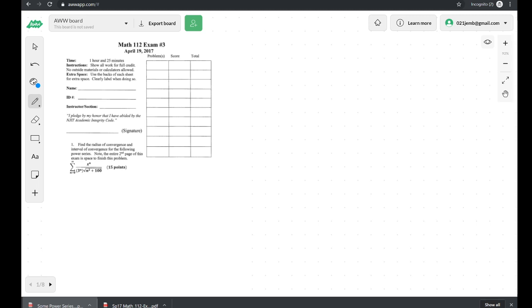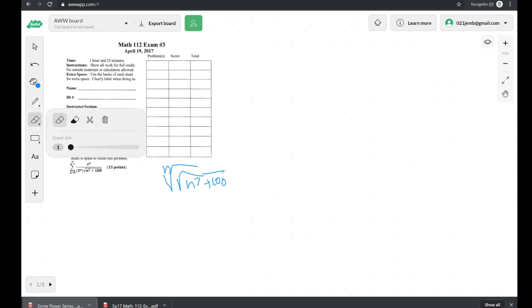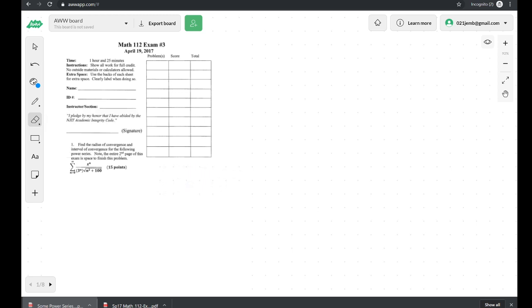In this case, I believe the ratio test is easier, just because you don't want to find the nth root of a radical. That's not nice. You want to avoid getting complicated limits for no reason. So that's why we will do the ratio test.